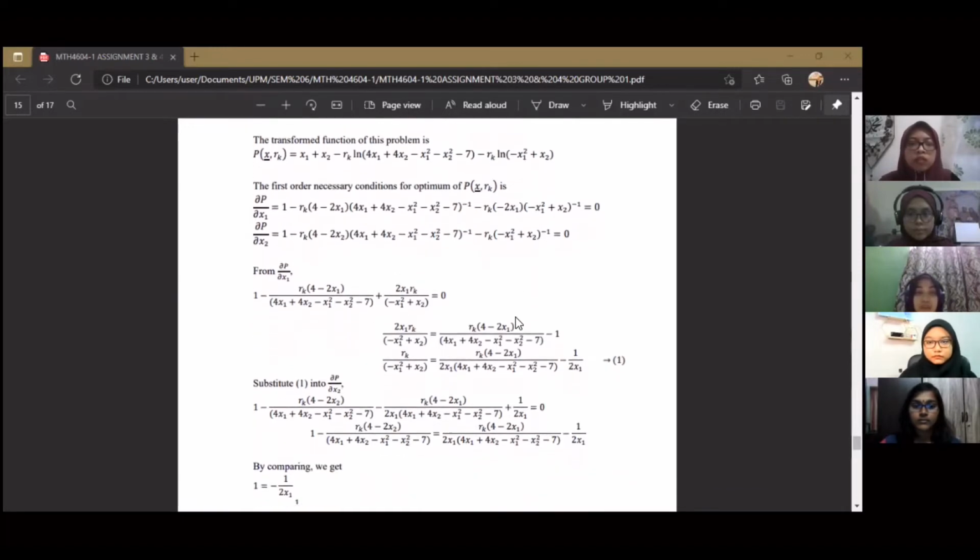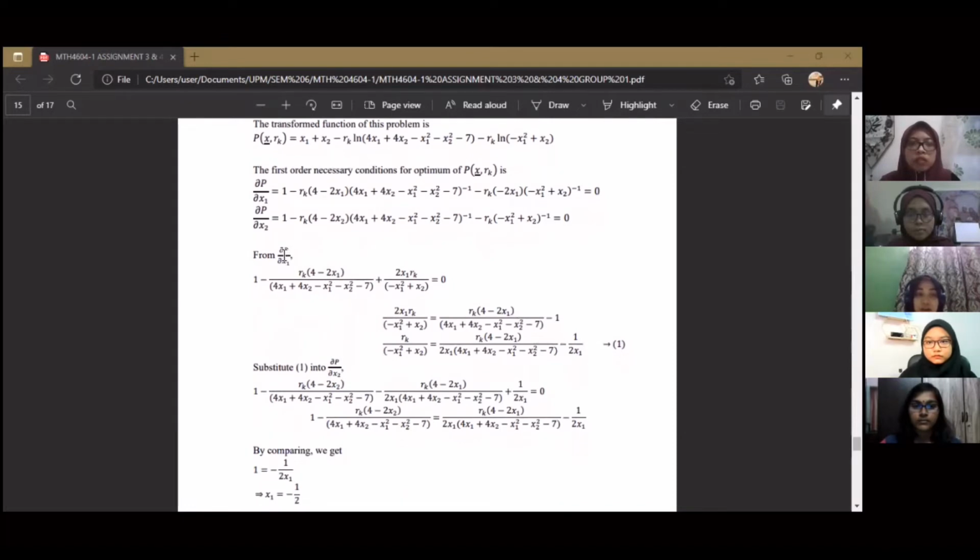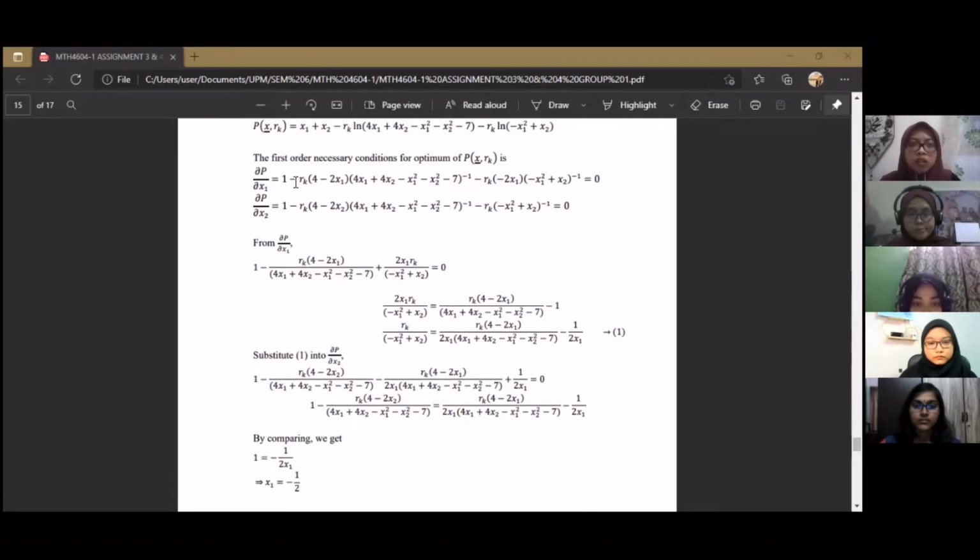And then from the first, we differentiate with respect to x1. We got 1 that, (4x1 plus 4x2 minus x1 square minus x2 square minus 7) to the power of negative 1. We make it as the denominator, which is to the power of 1, and we equal to 0, all of these.